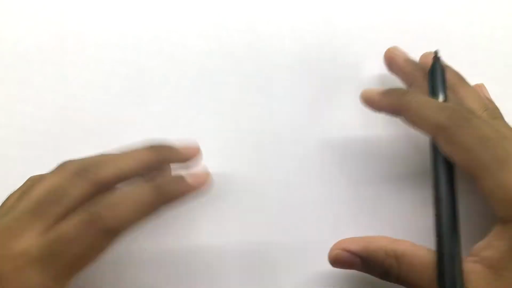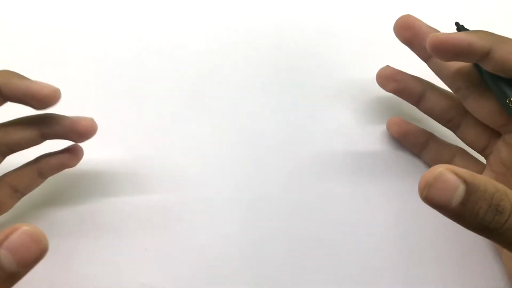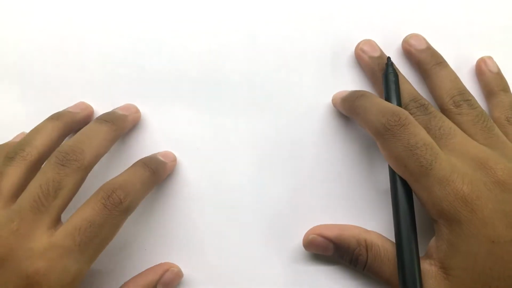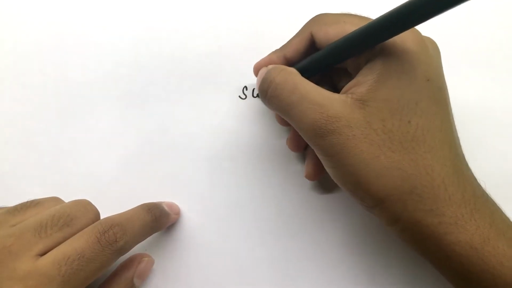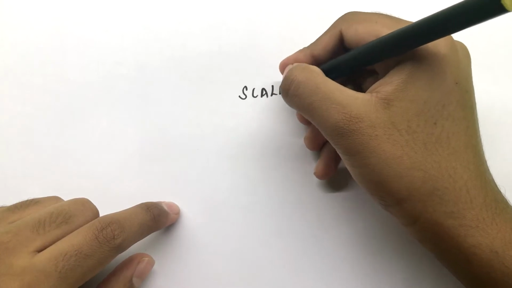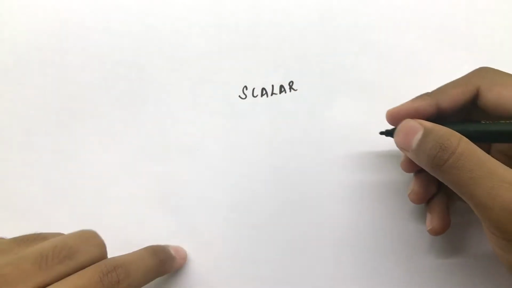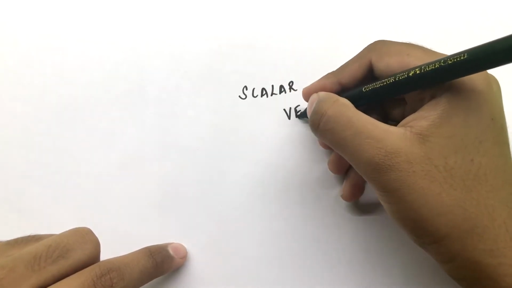So starting off with a basic question, what is a vector? In physics, generally there are two types of quantities. The first is called a scalar quantity, and the second type is known as a vector quantity.